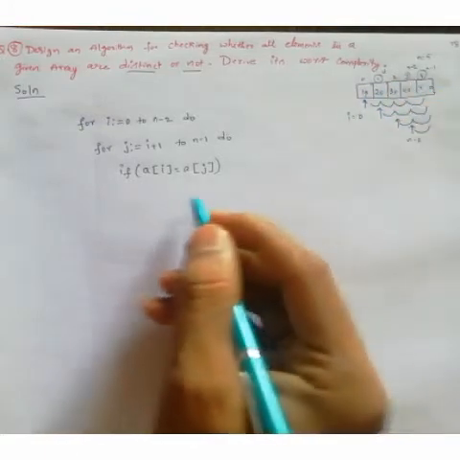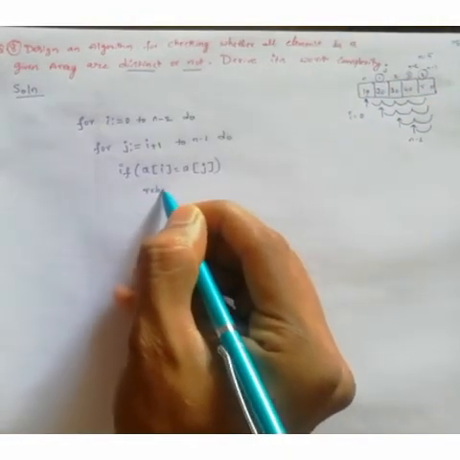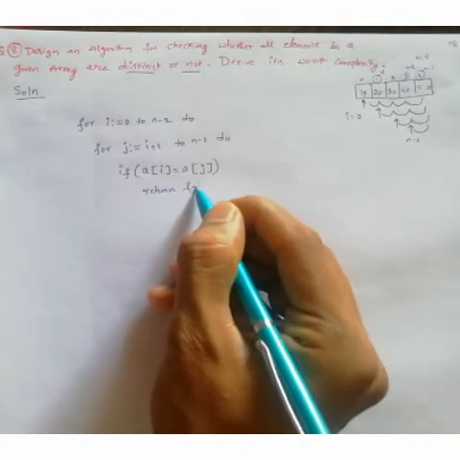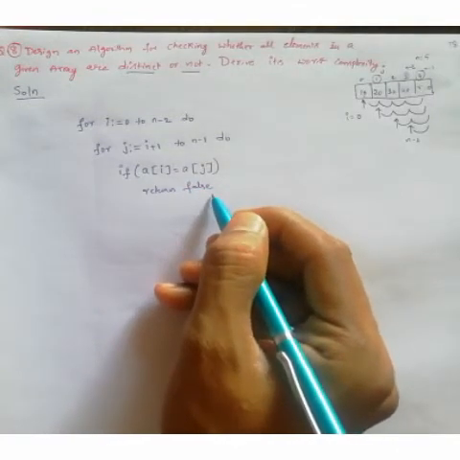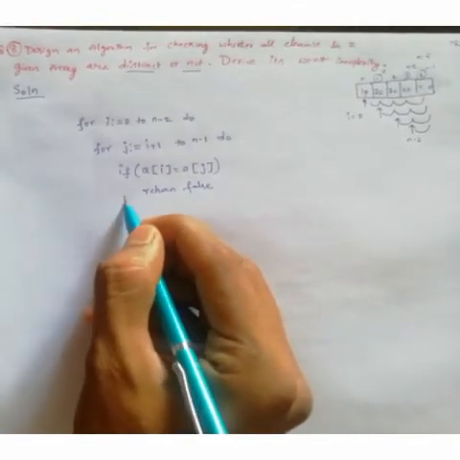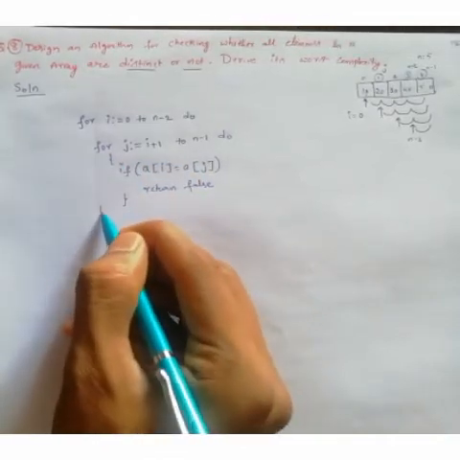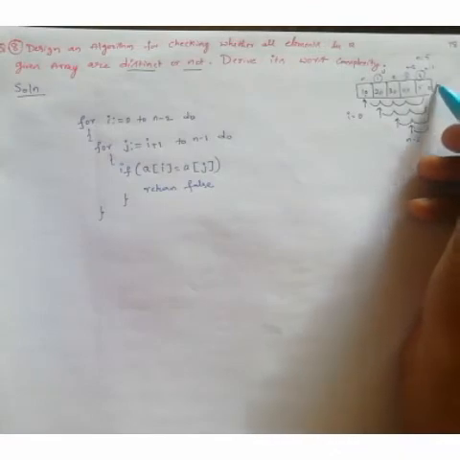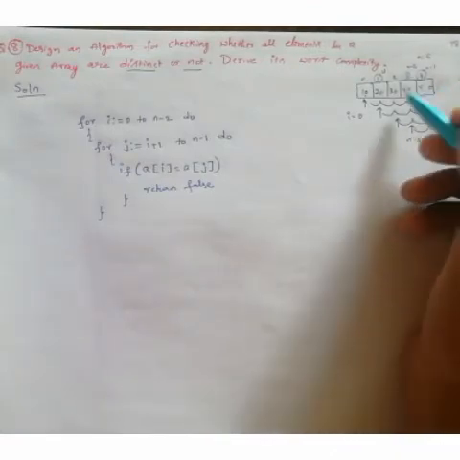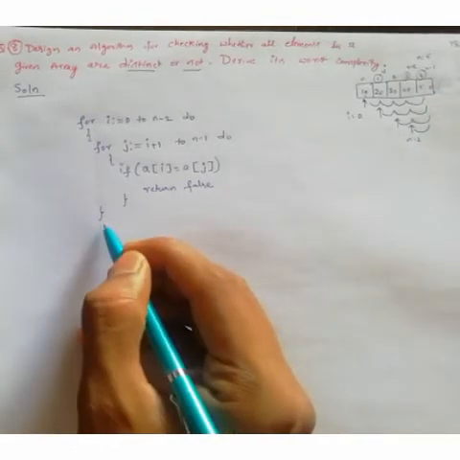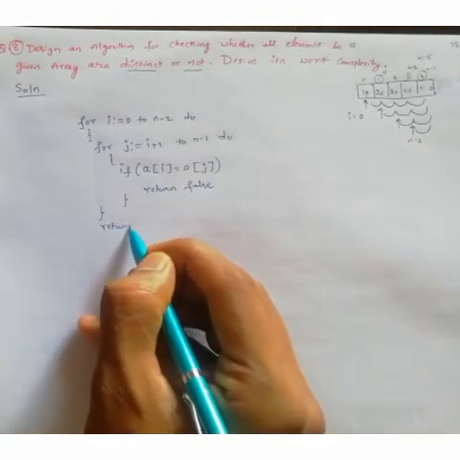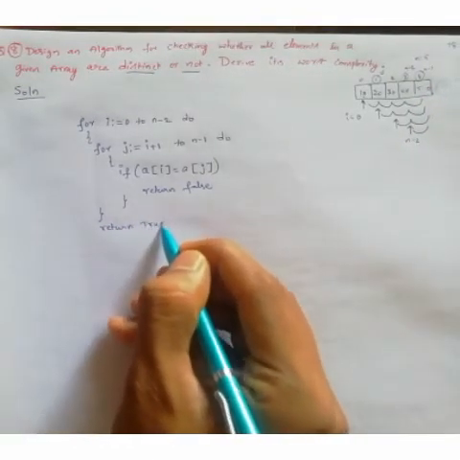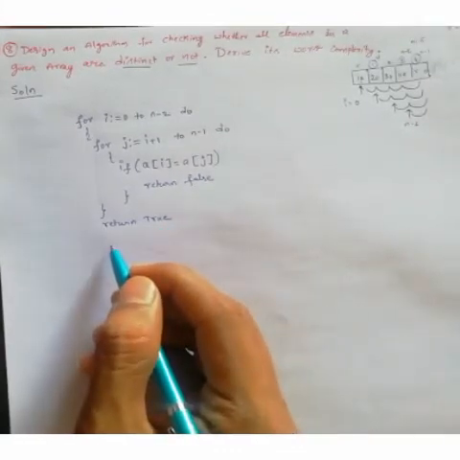If it is yes, we should return false, that is, the elements are not distinct. Else, after completion of both for loops, up to the last element, no element is the same, so we should return true. That's it. So this is the algorithm.